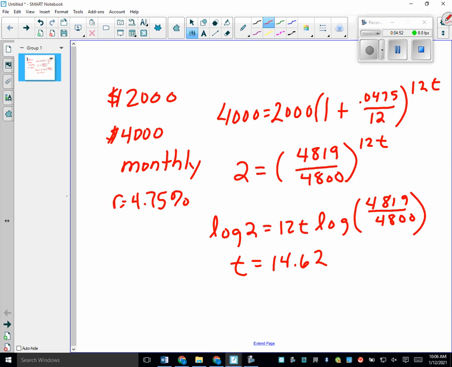Because I keep getting different answers every time I use this. Well, you divide log 2 by this. 0.62 what? Years.